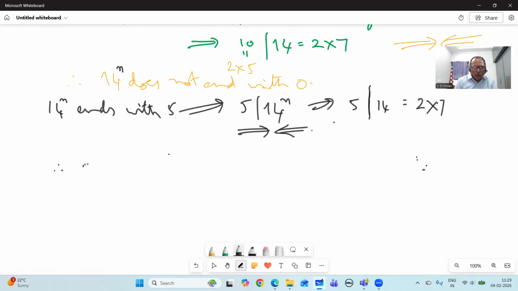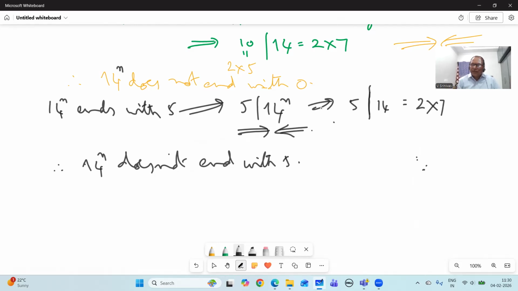Therefore, 14 power n does not end with 5. Okay? 14 power n ends with 5 means 5 divides 14 power n, and hence 5 divides 14, but 14 has prime factors 2 and 7 only. 5 is absent here, therefore this is an impossible situation.